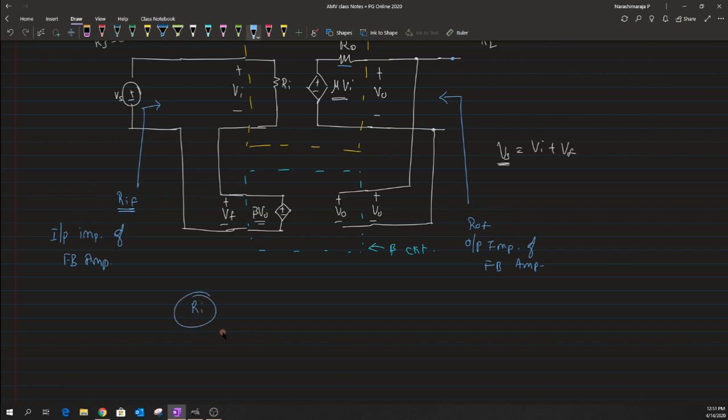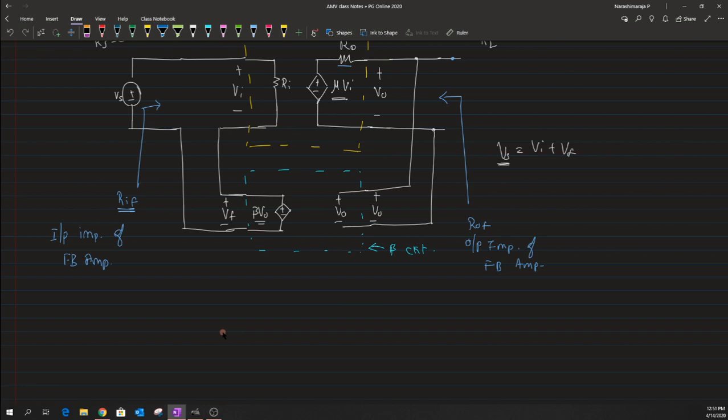So this is a quantity with respect to the basic amplifier, okay, and Ro is again with respect to the basic amplifier. They are open loop impedances, whereas RIF and ROF are the input and output impedances of the feedback amplifier. So please ensure that you are clear with these notations, and we will be adding a few more notations further down the line.